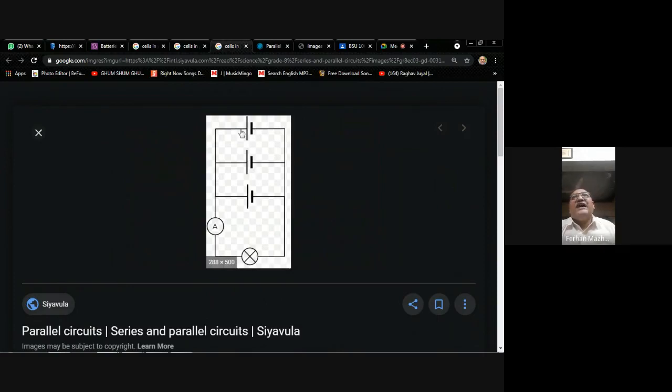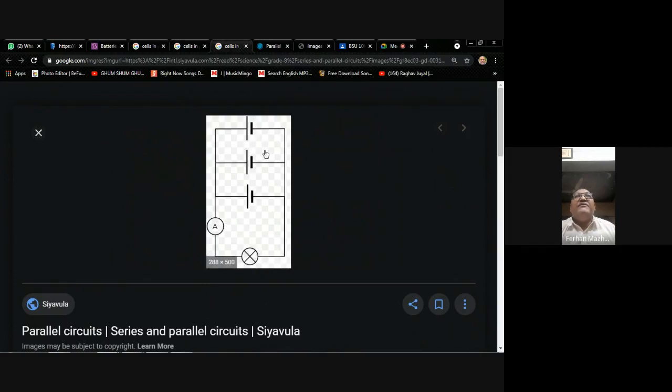So here you see I have three cells connected with each other. I connect these three cells in this way, so that their positives are connected with each other and their negatives are connected with each other. And then I take out the connections and connect them with a lamp, this is the symbol for a lamp, and this is an ammeter. So you see what will happen.